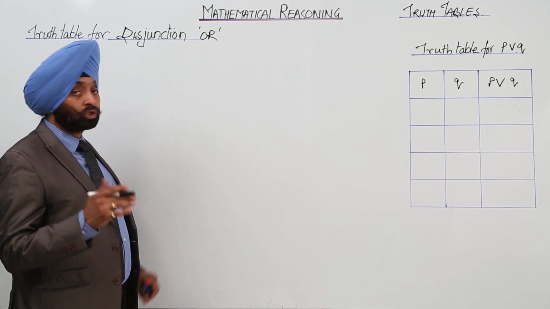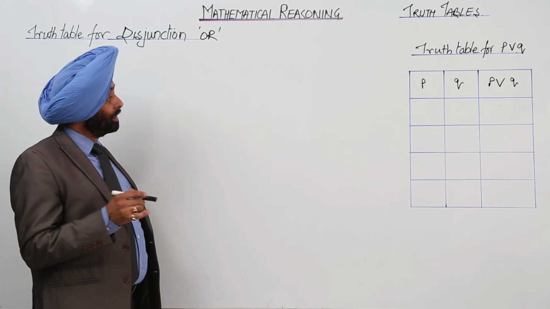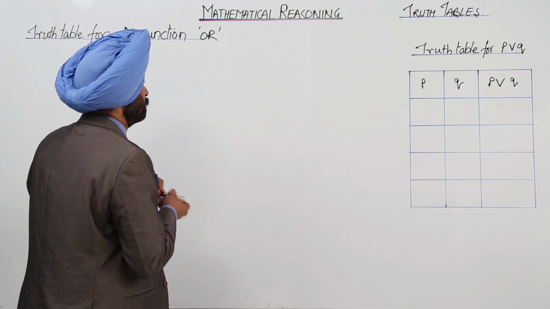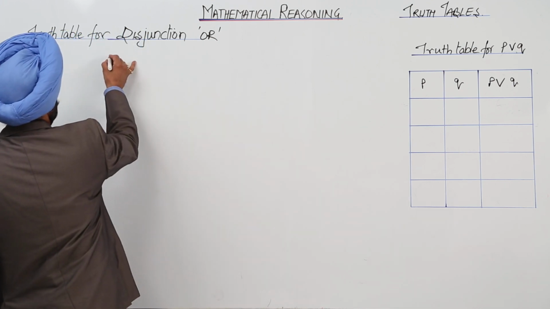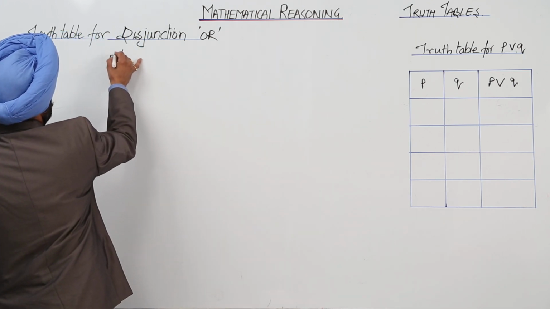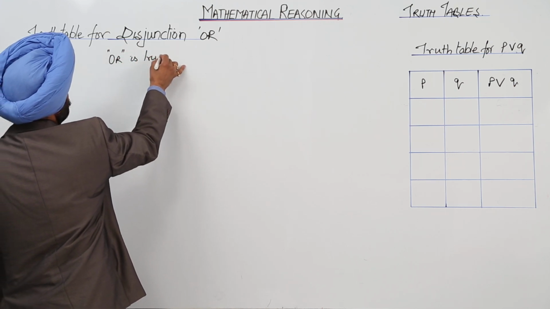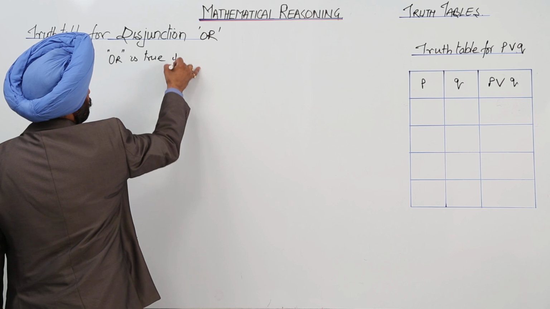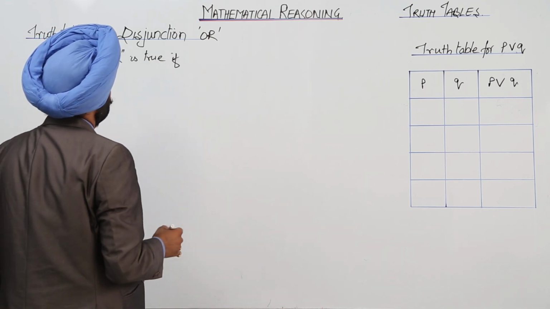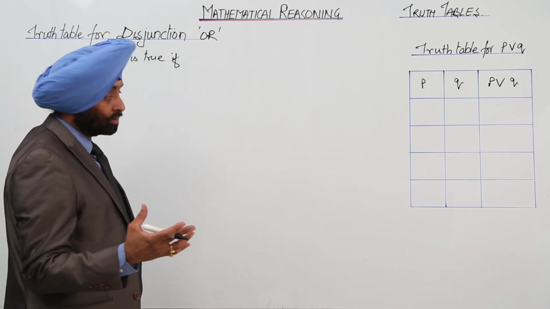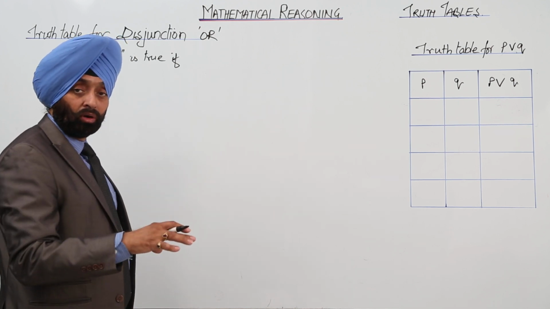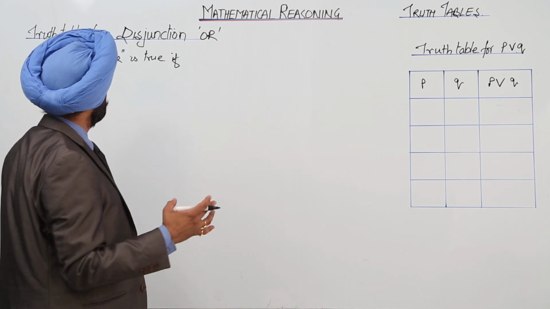Now let's discuss truth table for disjunction, that is OR. Now OR is true if, now again we are having two simple statements, okay, then we are converting with OR, using OR, it becomes a compound statement.